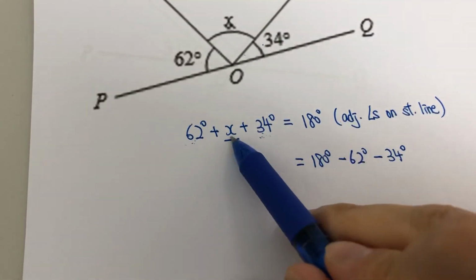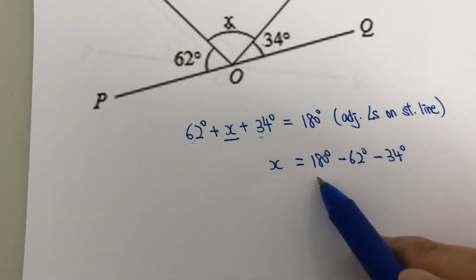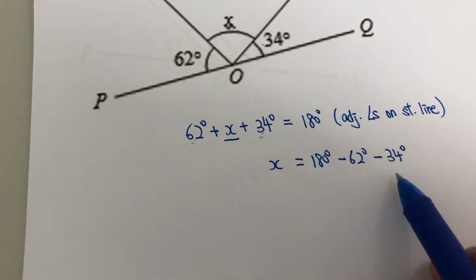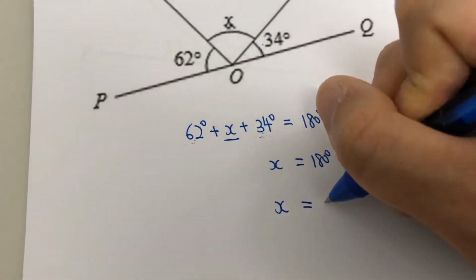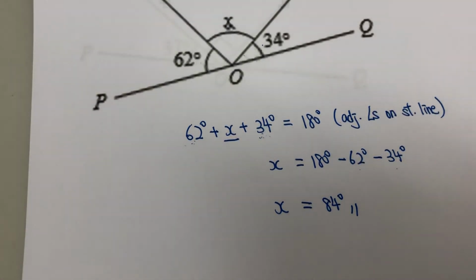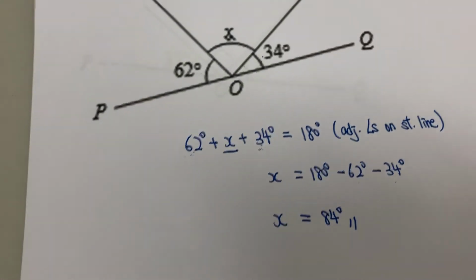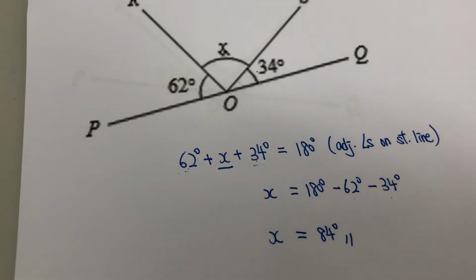So we've got only x left behind now. x equal to 180 minus 62 degree minus 34 degree. And the result is 84 degree. Okay? Is it easy? Let's look at a harder one.